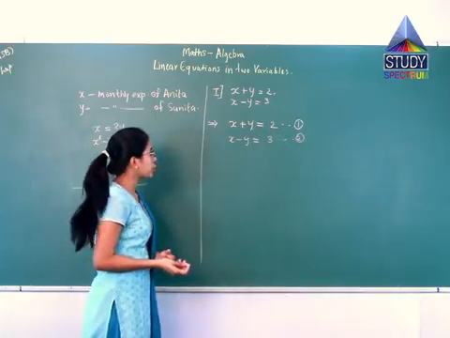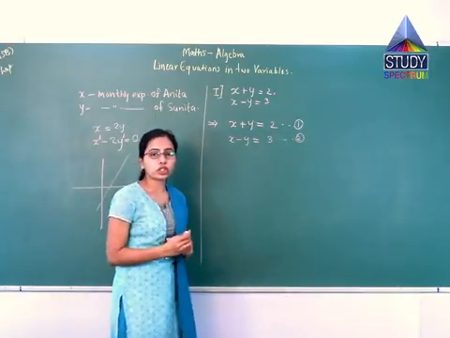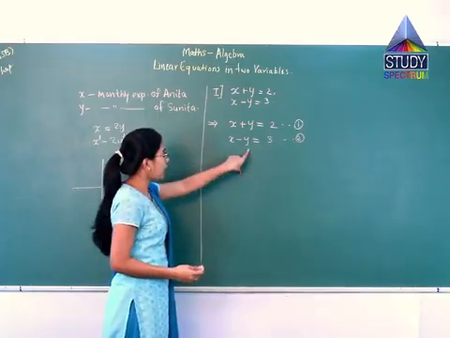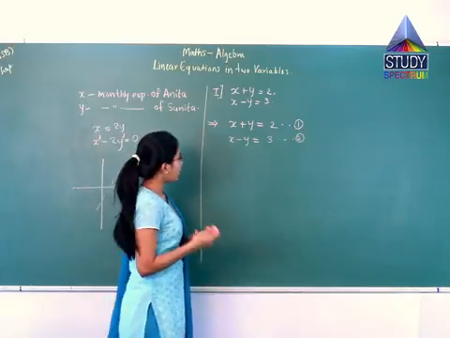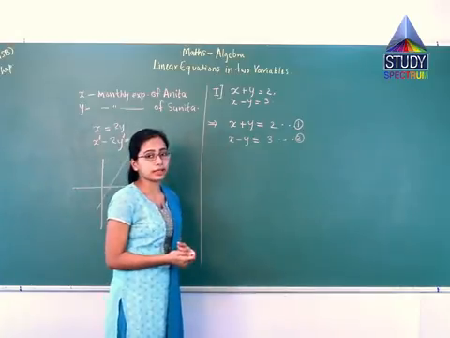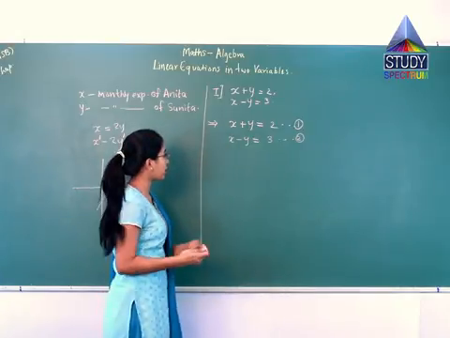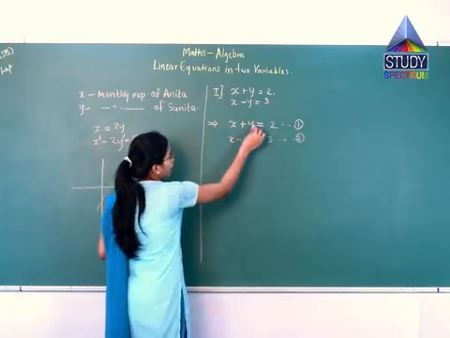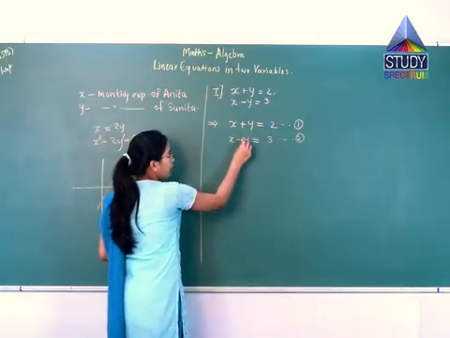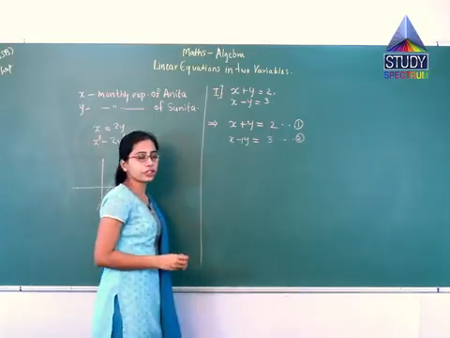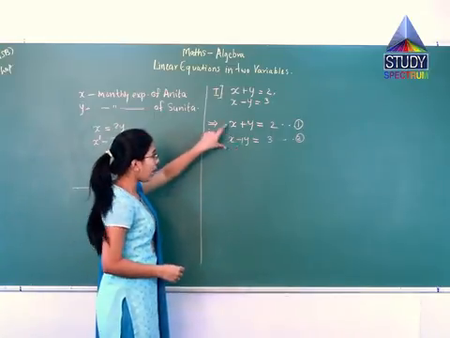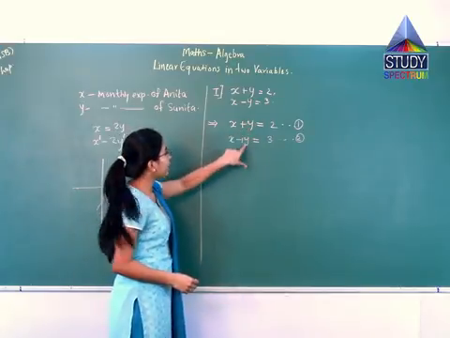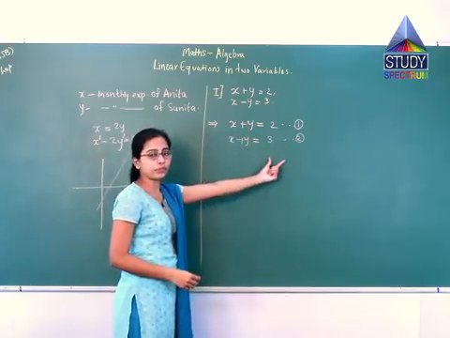To solve the equations, means in order to find the values of x and y, we can perform different operations like addition or subtraction. Now you can see y has coefficient one in both but the sign is different, so if we add these two equations y will get cancelled and we can have the value of x.